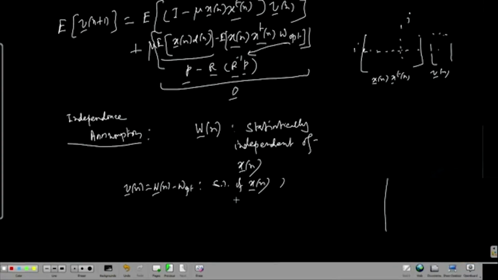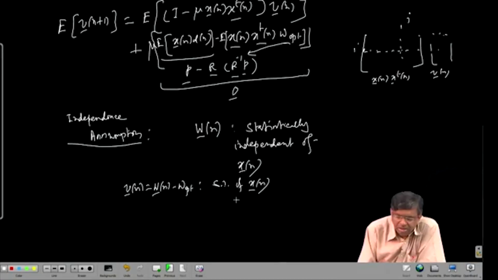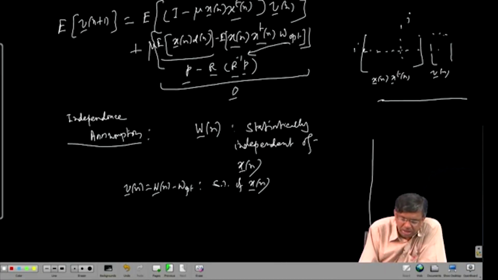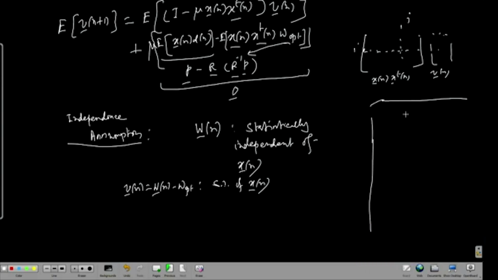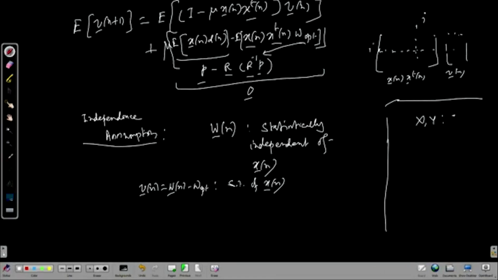Now, why statistically independent? Because if I now apply E, you remember one thing from our previous discussion on probability and random variables. Suppose x, y are statistically independent. Okay.